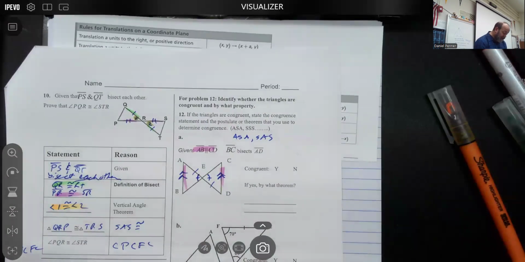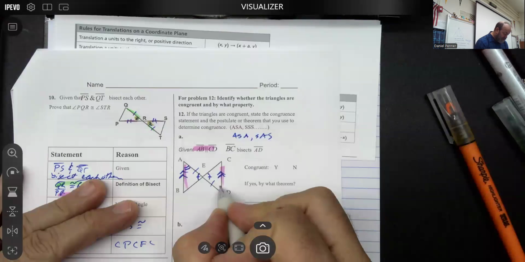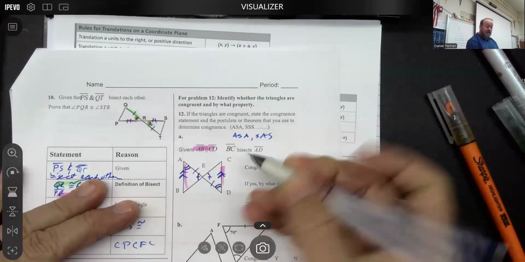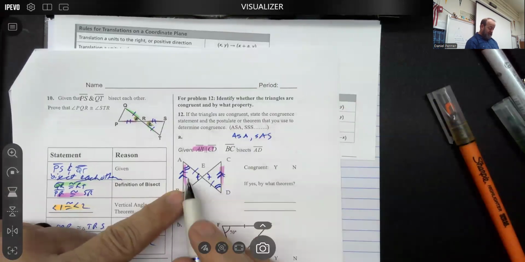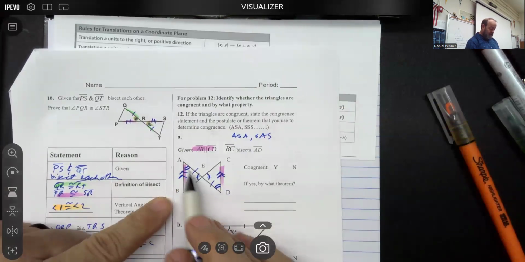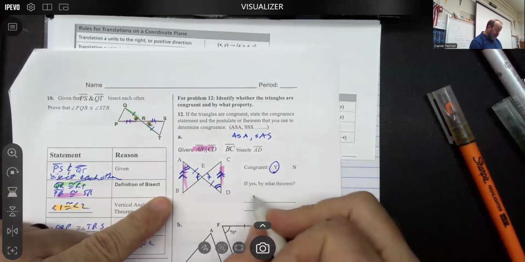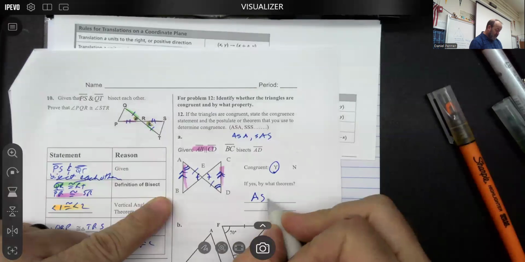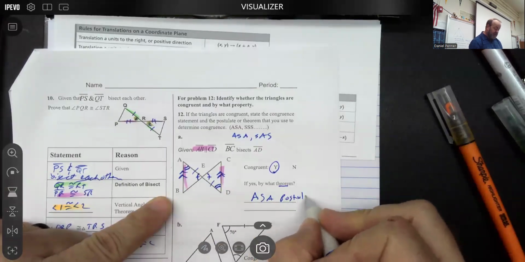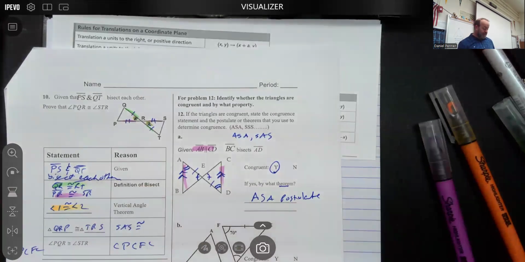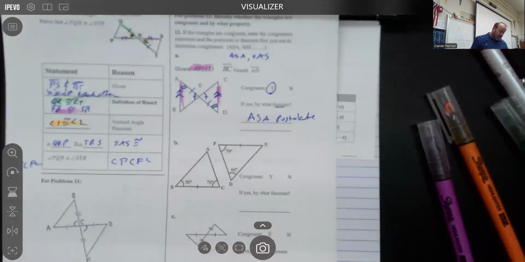So if I could just use these two angles right here by alternate interior angles. Now I could have done the top one, but I'm really only looking for ASA. So the side has to be in the middle of those two angles. And that is absolutely congruent. And that was the ASA theorem or postulate. We actually have talked a little bit about the fact that some people call it a postulate and some call it a theorem.